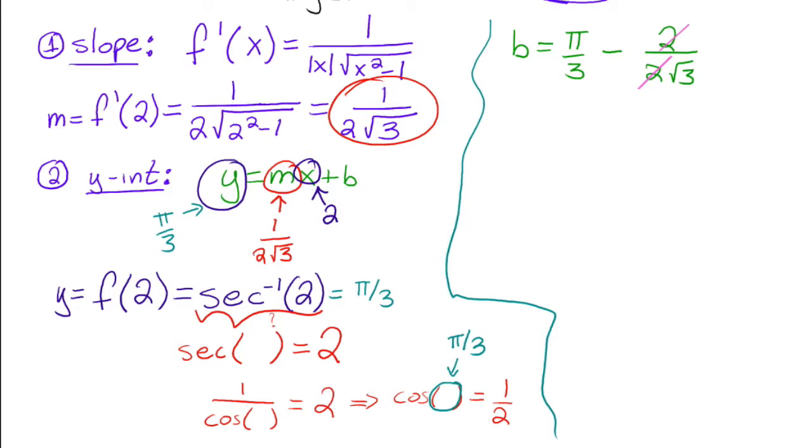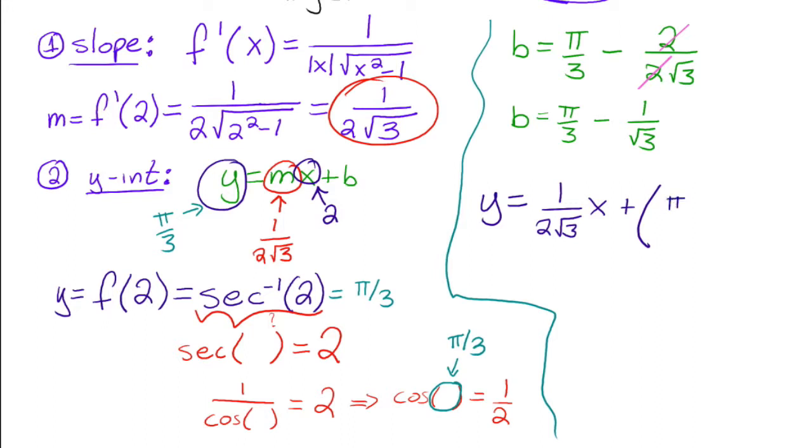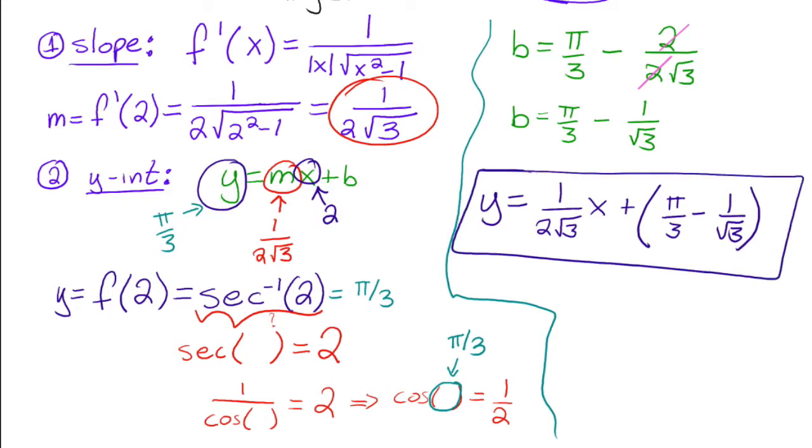Then I get that b is equal to pi over 3 minus 1 over root 3. So in the end, y is equal to m, which is 1 over 2 root 3, times x, plus b, which is pi over 3 minus 1 over root 3. And that's it. That's the equation of the tangent line.